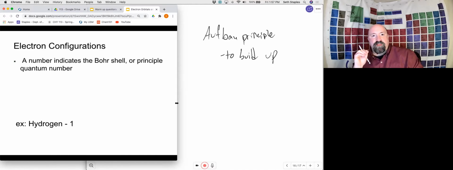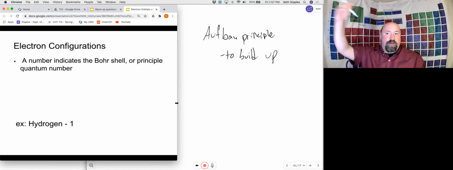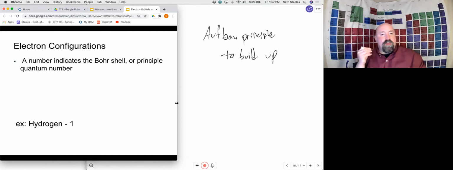And so the Aufbau principle tells us that we're going to start in our lowest energy level first until that is full, and then we'll go to the next energy level and so forth, and we'll build up from there. And so hydrogen, with its one electron, is first going to go into Bohr shell 1. That just makes sense, closest to the nucleus.